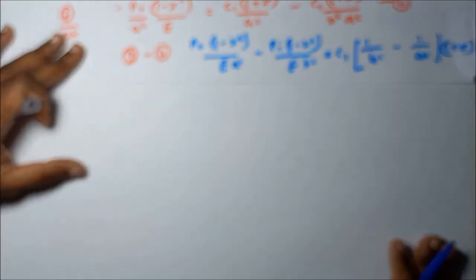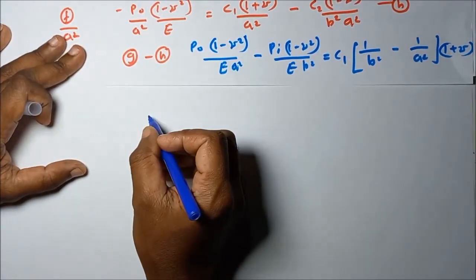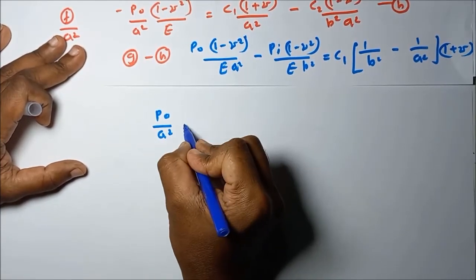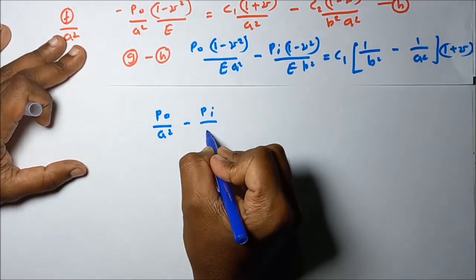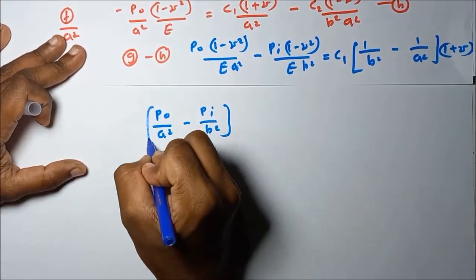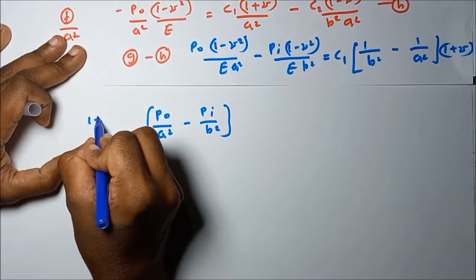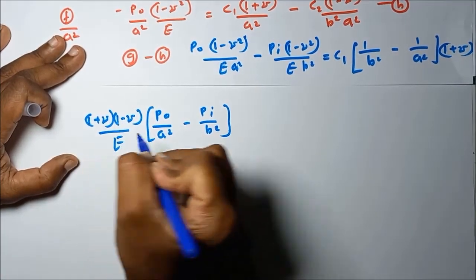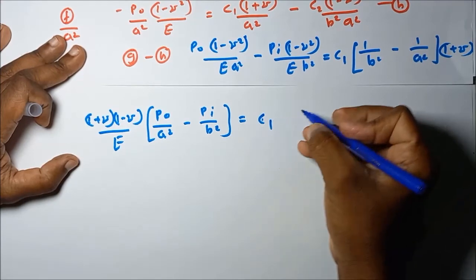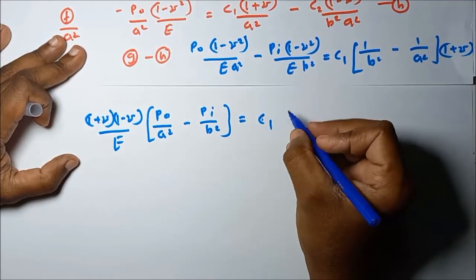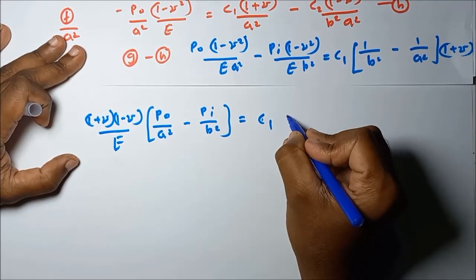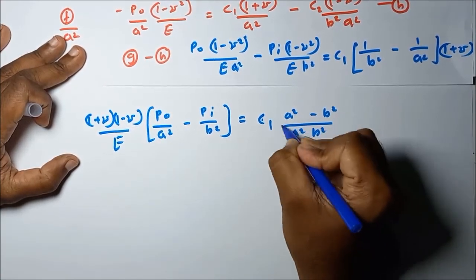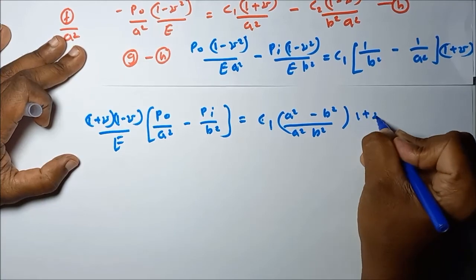Then we can further simplify to find the c1. I'm going to take p naught divided by a square minus pi divided by b square. We can take out (1 plus nu)(1 minus nu) divided by E, which is equal to c1 (a square minus b square) divided by a square b square, times (1 plus nu).